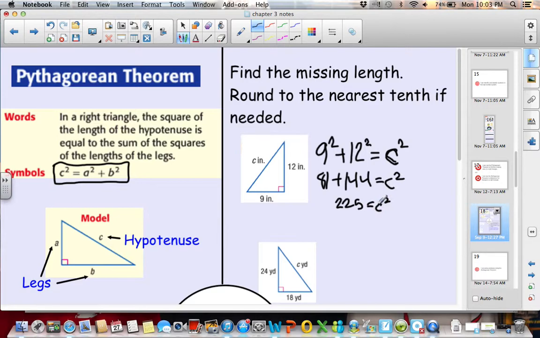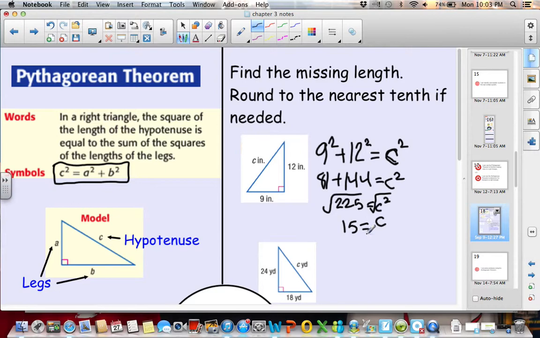We need c alone. Remember, back to 3.1, to get the square by itself, we have to square root both sides, because the square root of c squared is going to be c. So then we take the square root of 225 and we get 15.